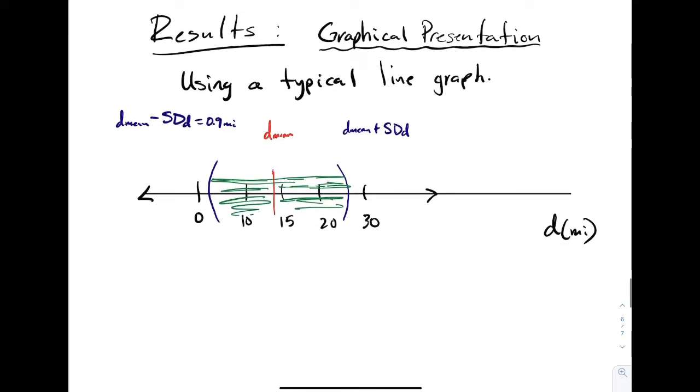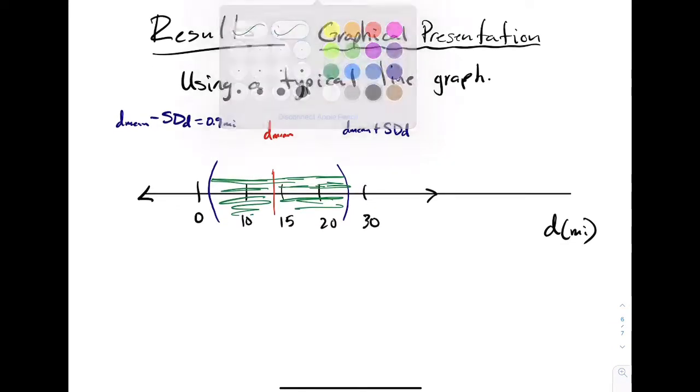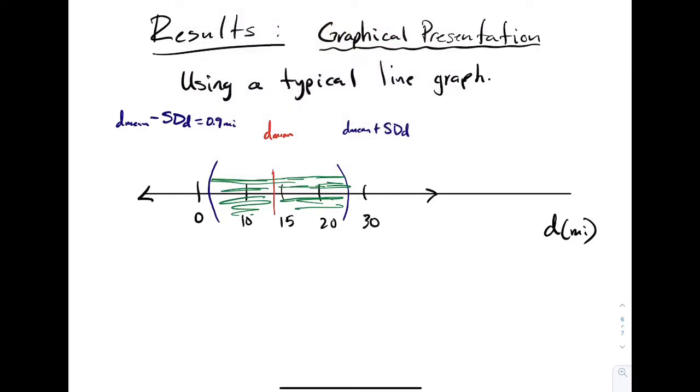Once we do our graphical presentation, we can show the rest of the results. We want to put anything we had to calculate in results. So we had D mean, that was 14.1 miles. We had the standard deviation in D, that was 13.2 miles. We had the percent difference and percent deviation.